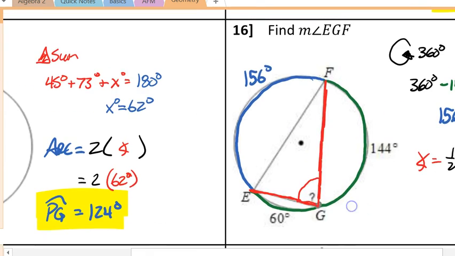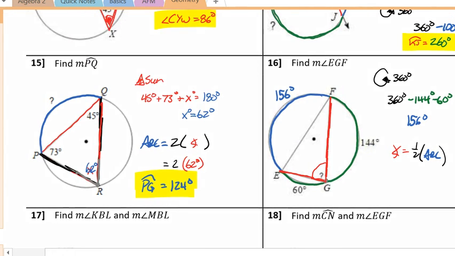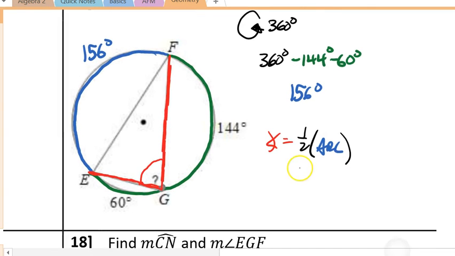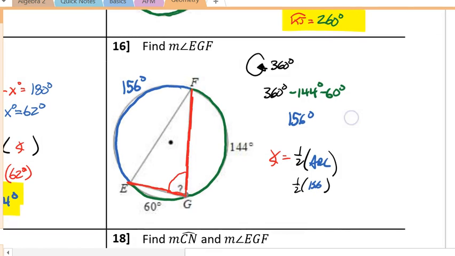Once again, the same relationship we were talking about in question number 15. The arc is twice the angle, and the angle is half the arc. So if we know our arc is equal to 156, we just simply need to take half of 156 to figure out my angle measure. So in this case, angle EGF is equal to 78 degrees.